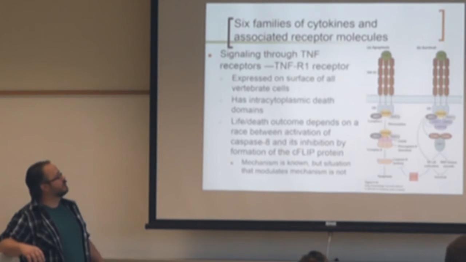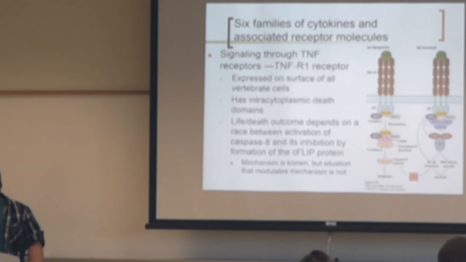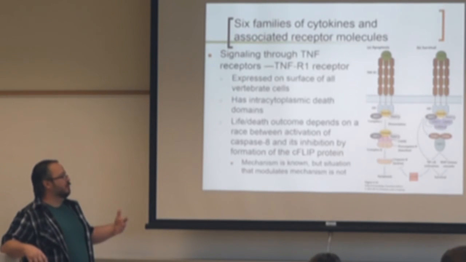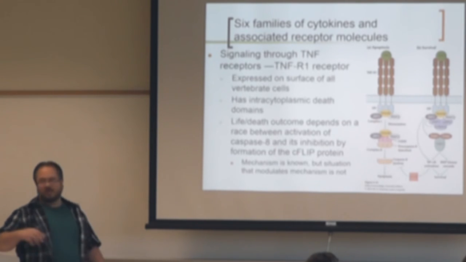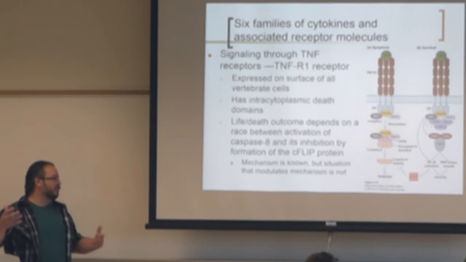It could lead to apoptosis or survival. Again, the same cytokine and receptor are involved in both processes, depending on some other deciding event or timing, or maybe how long or how often or how many of them are activated. This is another area where we're still researching and learning.